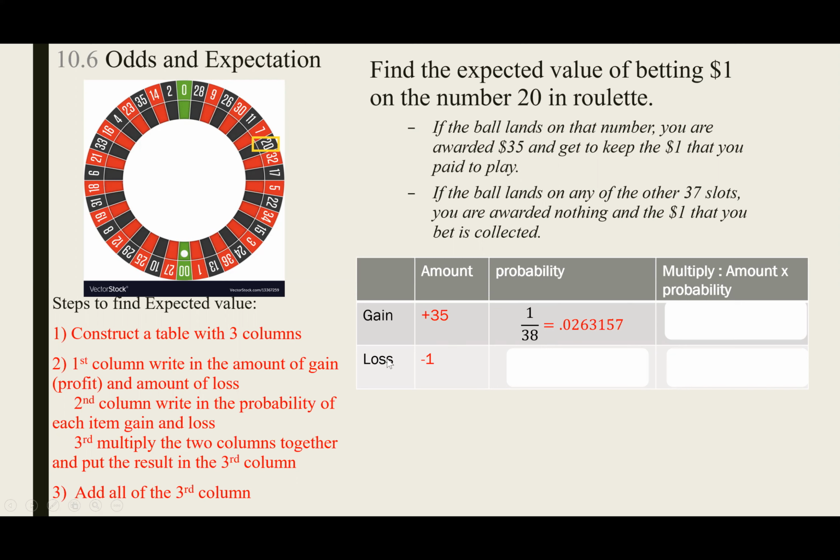And what is the probability of my loss? To lose, the ball lands on any other number except the 20. Meaning, there's only one way that I can win, and there are 37 ways that I will lose, right? And if you connect this to the odds we had earlier, the odds in favor of winning are 1 to 37, right? So again, clearly we are not in a good odd here.